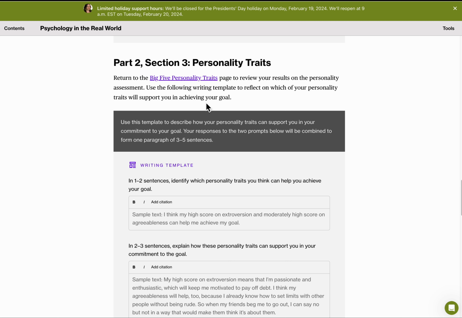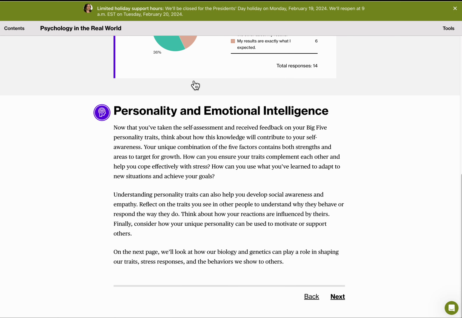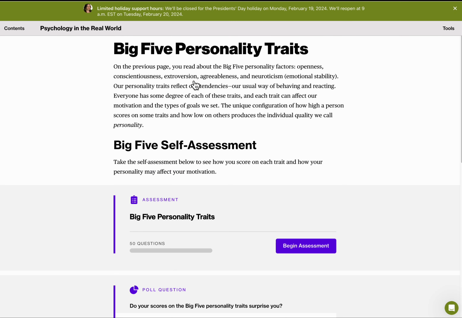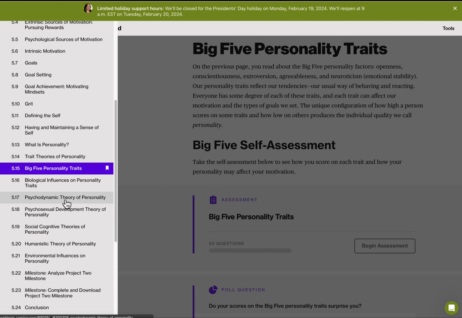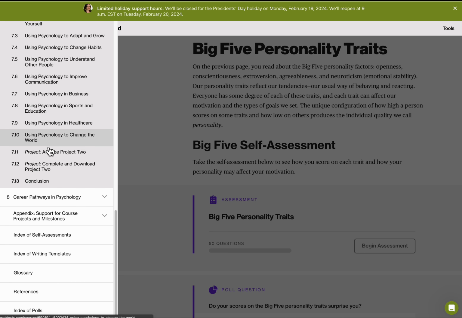And remember, it was OCEAN: openness, conscientiousness, extroversion, agreeableness, and neuroticism. So if I were you, I would be talking about how at least one of those big 5 personality traits will help you with your goal.